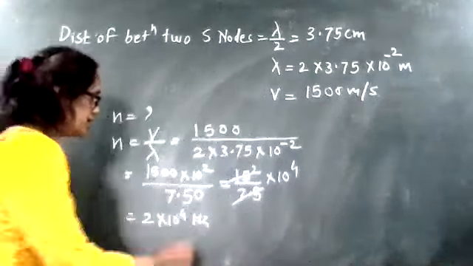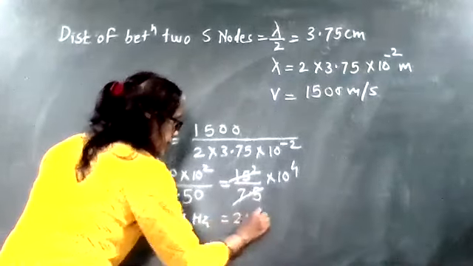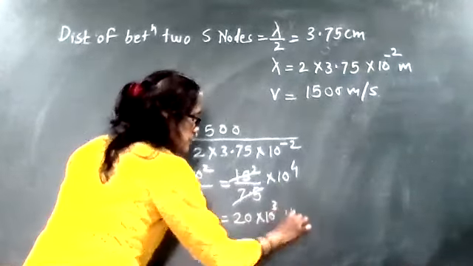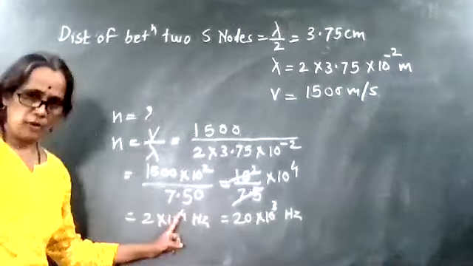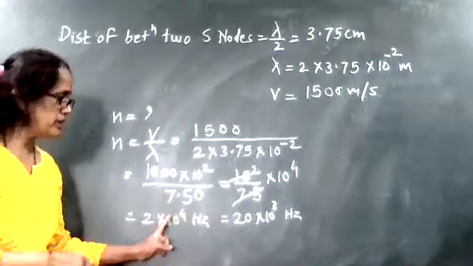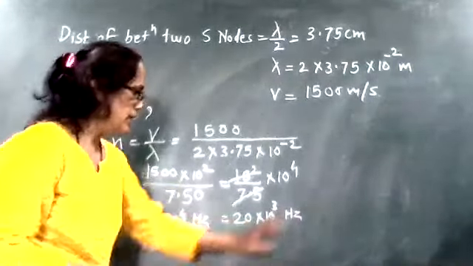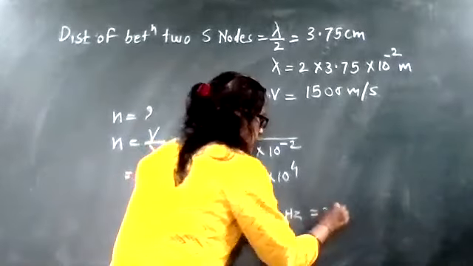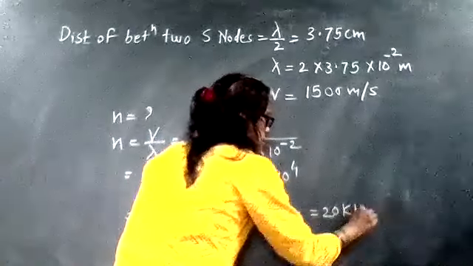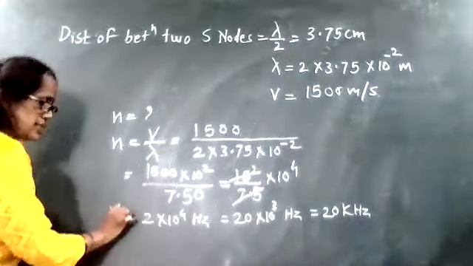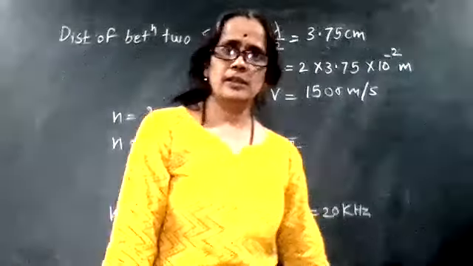Right? Means in another way I write 20 into 10 raised to 3 hertz. From 10 raised to 4, one 10 I will take out, it will become 20 into 10 raised to 3 hertz, which is equivalent to 20 kilohertz. So that is nothing but your frequency. Clear?